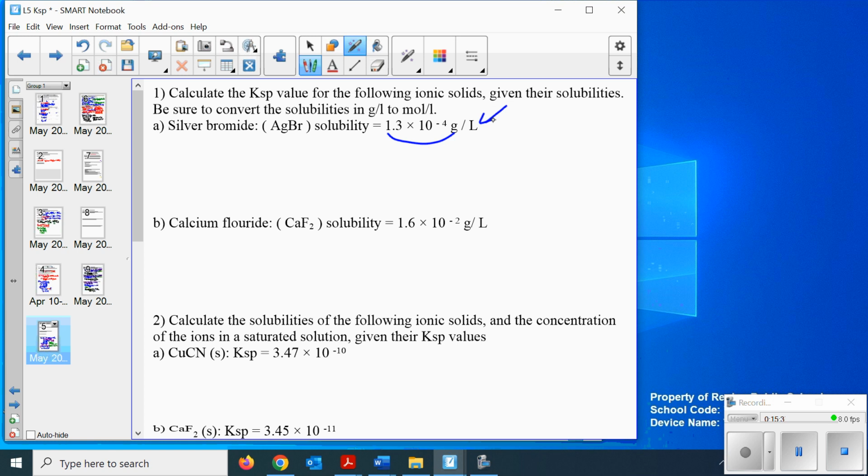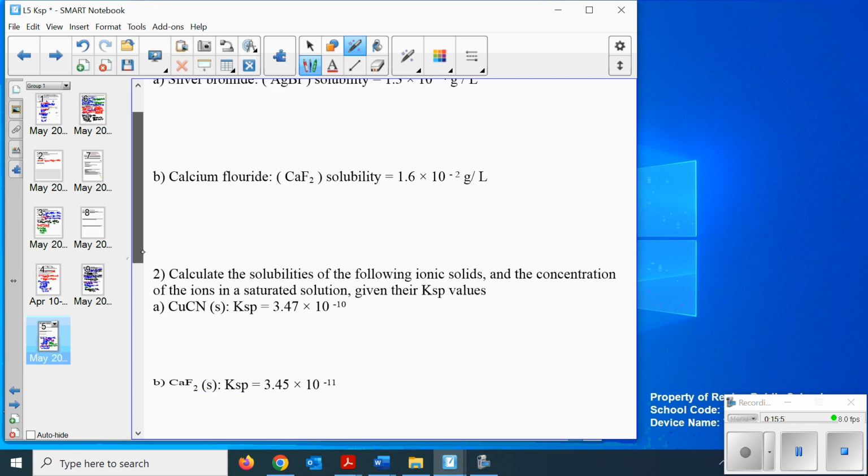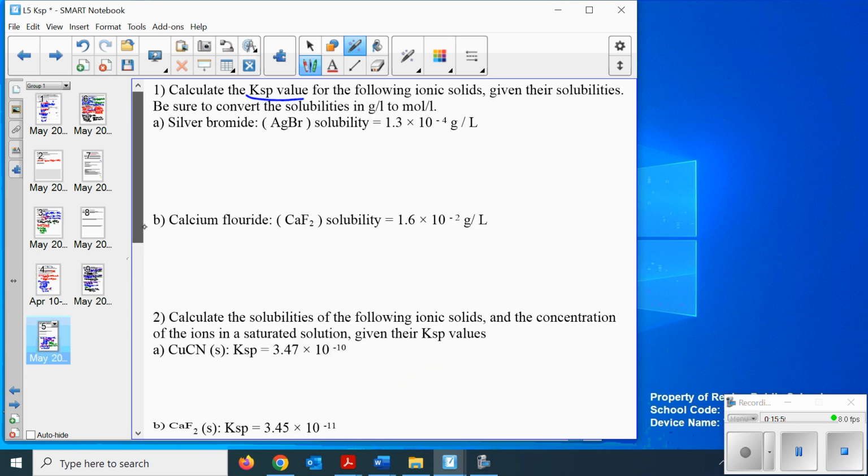So that, you know how I gave it in 100 mils before? This one's already in 1 liter. So you just change grams to moles and divide by 1 liter. So as far as the first step, that's how that one differs a little bit. Okay. And then you calculate the Ksp value for part B. This one, they're both in grams per liter.